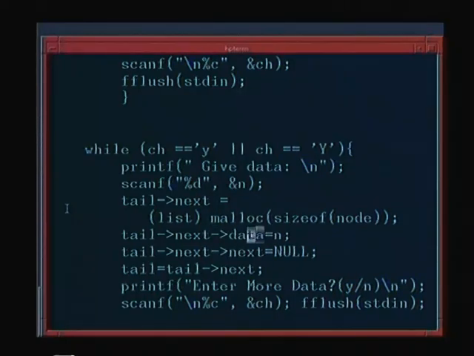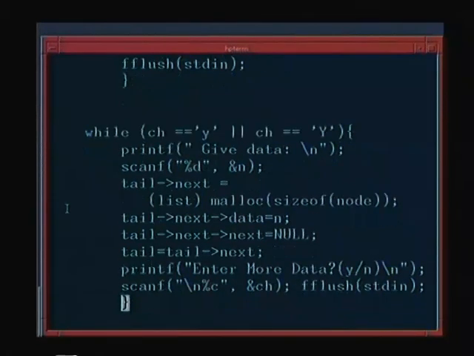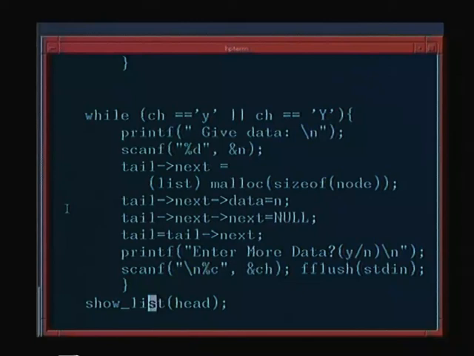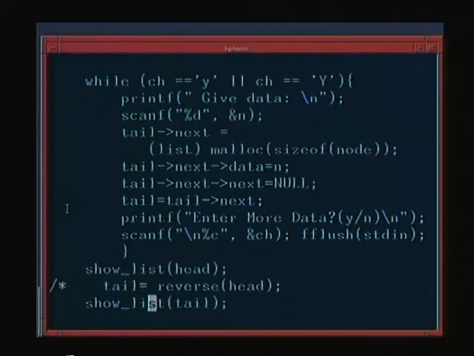Tail dot next dot data will be n, and tail dot next will be null, and tail will move one step ahead to tail pointer dot next. Head does not change because head is initialized to the start and remains just as it was. And if you want to read another data, you can continue to read another data.